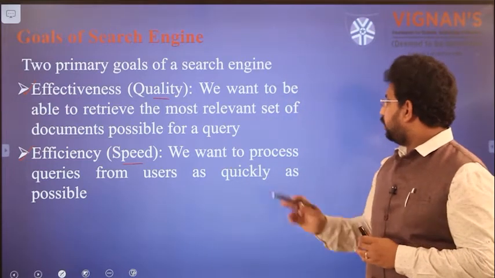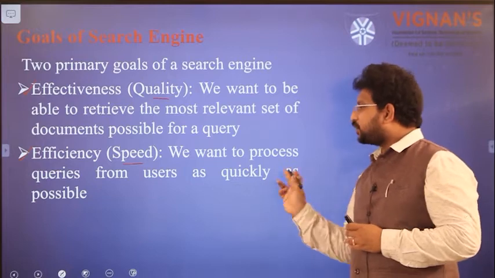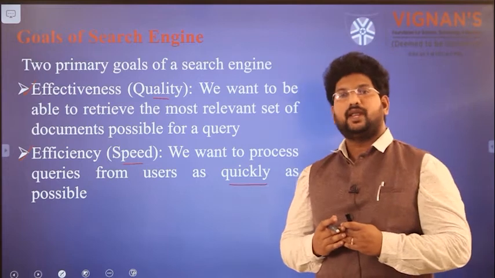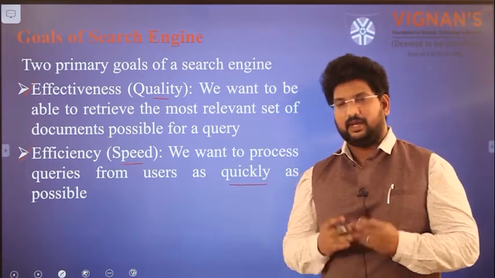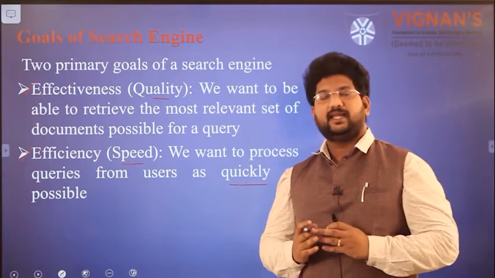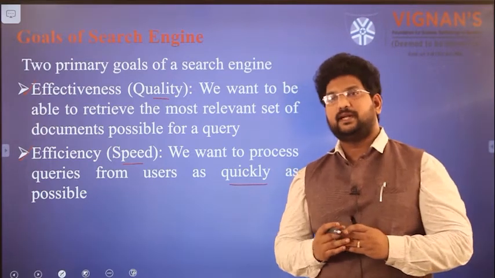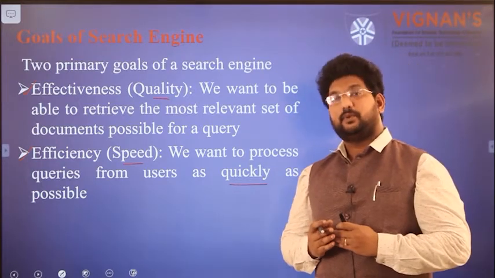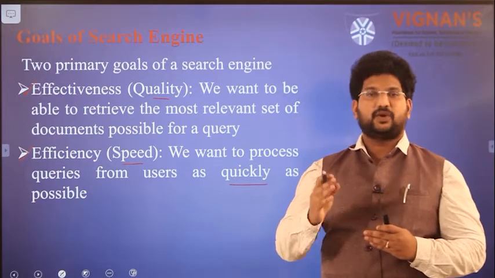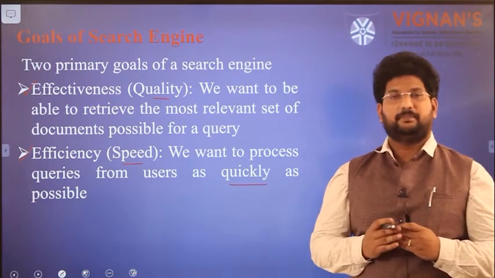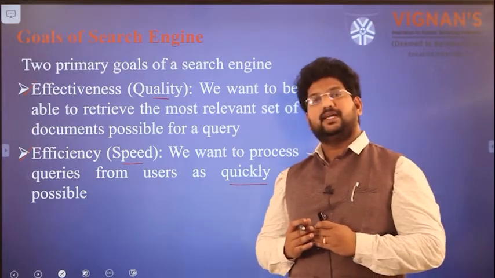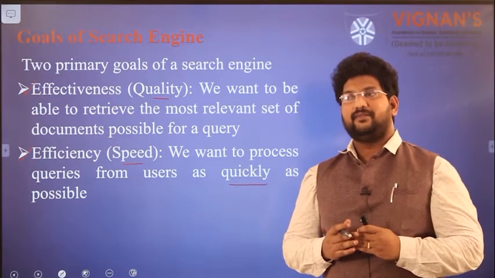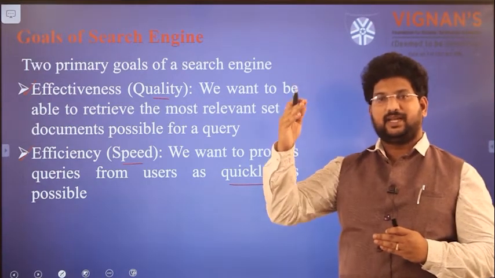And efficiency: we want to process queries from the users as quickly as possible. Whenever you enter the web search query, you are able to retrieve results as fast as possible. For example, you are in a hurry and want to retrieve a particular program, say a program for finding Pascal's triangle. You search in Google and retrieve a number of documents, with links: link 1, link 2, link 3, link 4.